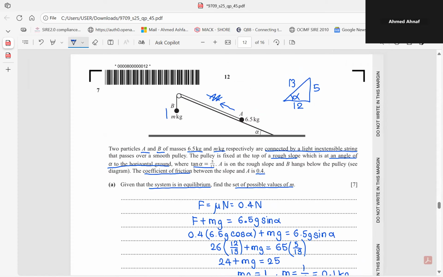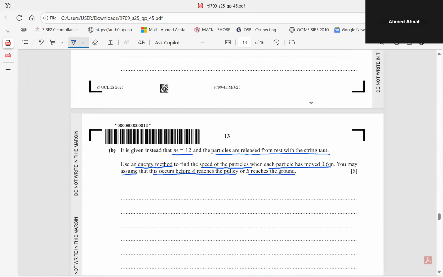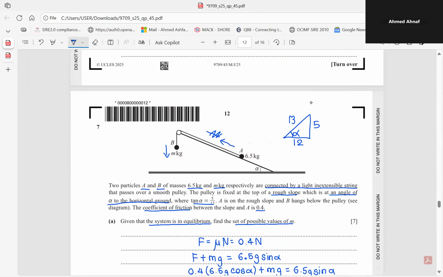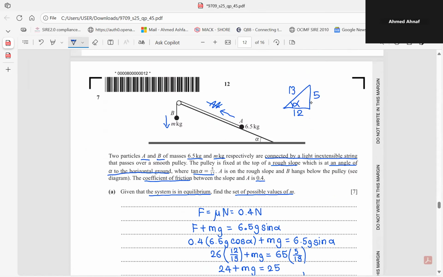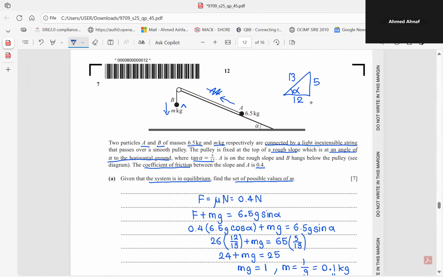So A is moving upwards and B is moving downwards. So let's find the initial energy in here. Initially, B has GPE, from 0.6 meters, and then A is still there.